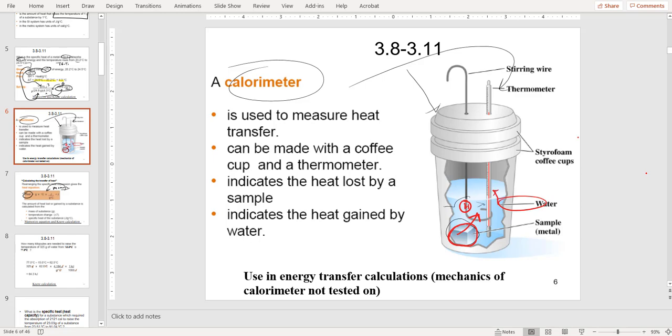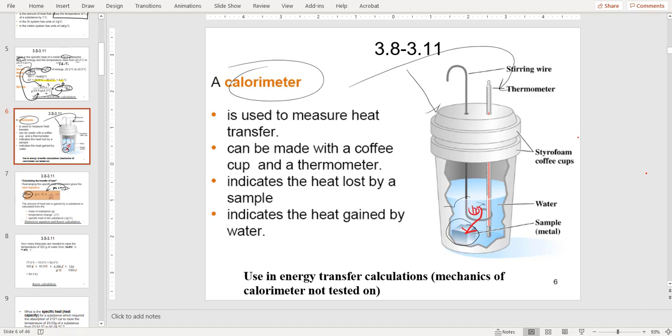Now there's actually 2 ways we could transfer it. We could have the heat energy transfer out from the substance into water, or let's assume that we have a substance that's really cold. We can have water transfer its heat energy into the foreign substance, such as a metal block.